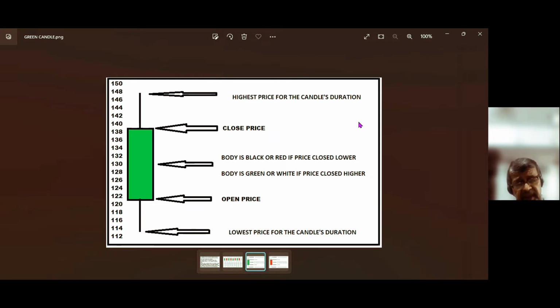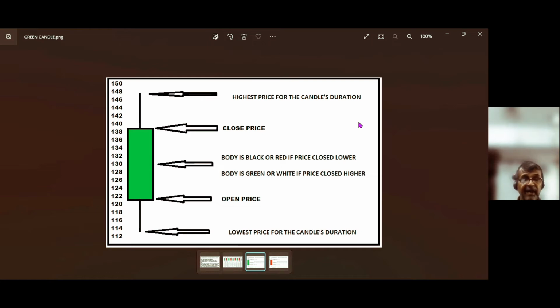A candlestick has a solid body, green or red, and an upper wick and a lower wick. Of course, at times there is no body at all, which we call a doji. That we learn as we go. But for the time being, let us take it as it has a solid body, an upper wick and a lower wick.